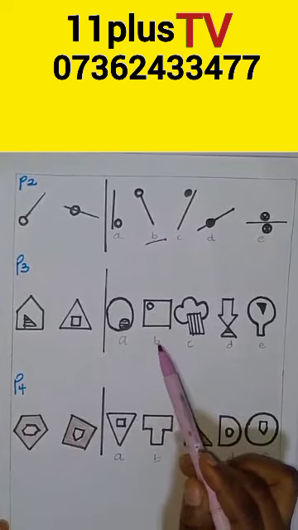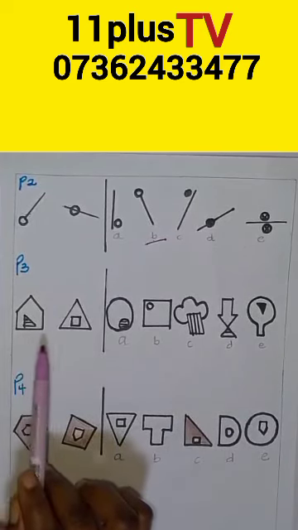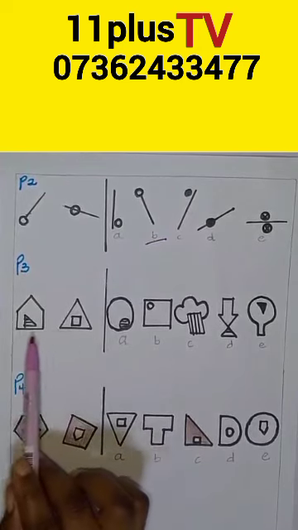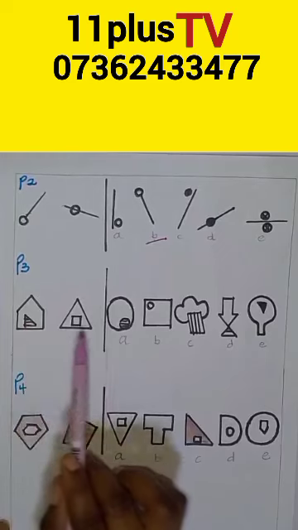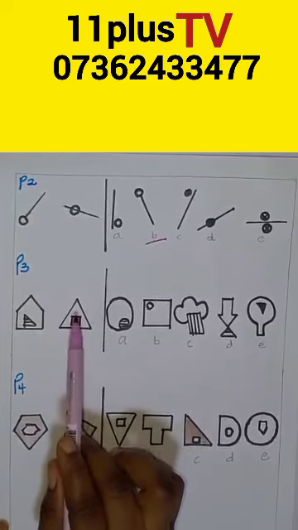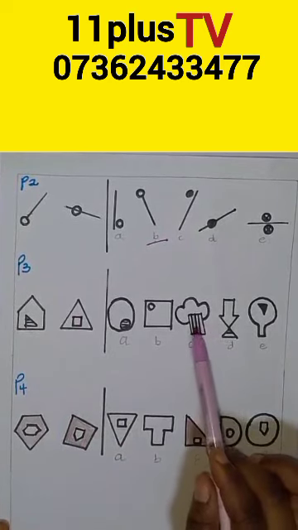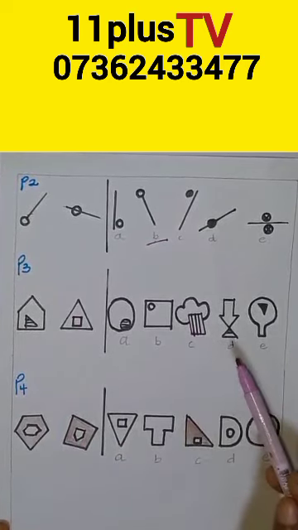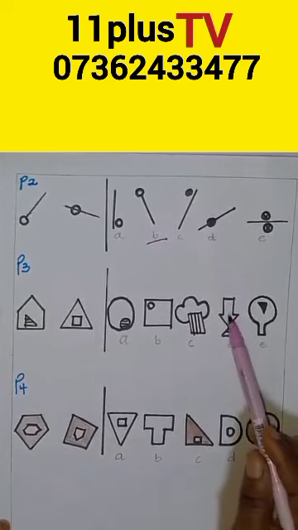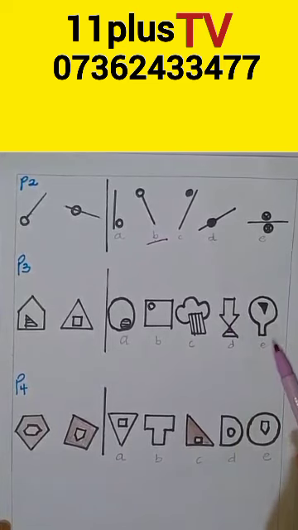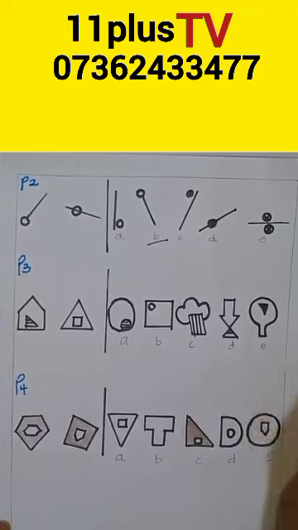We have to eliminate B. Let's move to C. C has no triangle and there is no shape within. Option D has a triangle but the triangle is outside, no shape within. E has a triangle and the triangle is within. So the answer is option E.